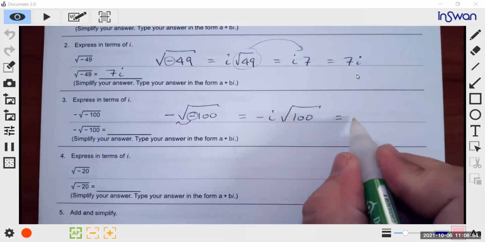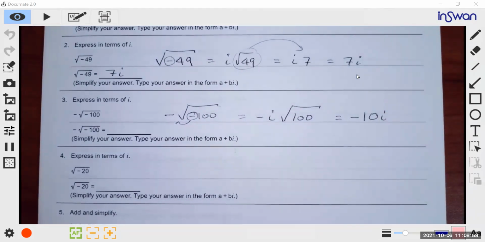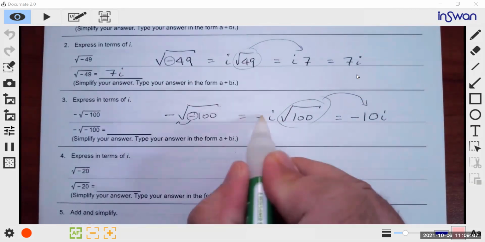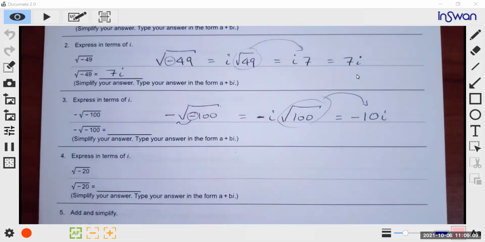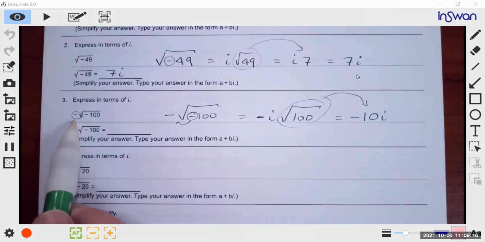Square root of 100 is 10. So we have 10i. So that becomes 10, the negative still out in front, because that one has it in the question.